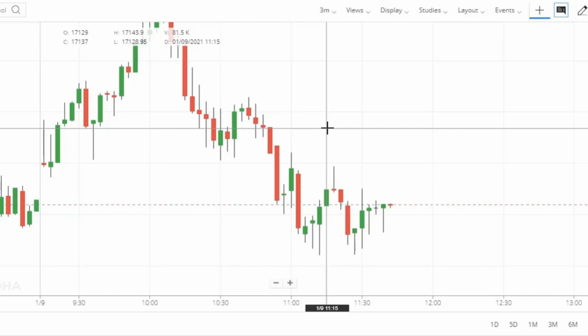A leading indicator is basically an indicator that is designed to give an output before the market even performs, which means any indicator that will tell you where the markets are going to go in upcoming time is called a leading indicator.